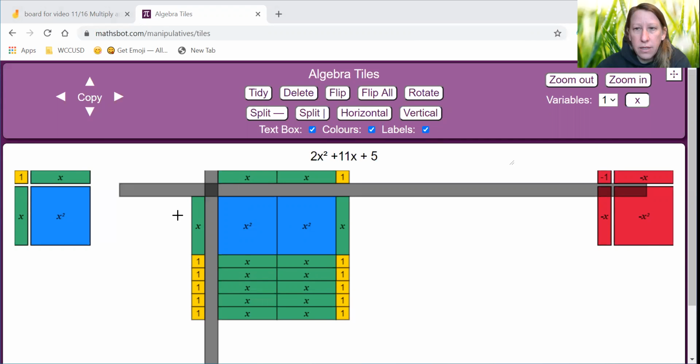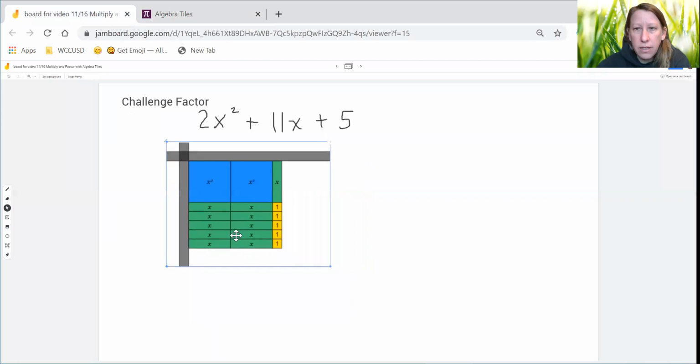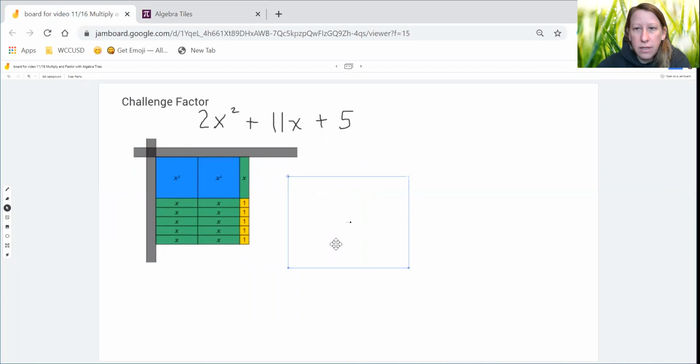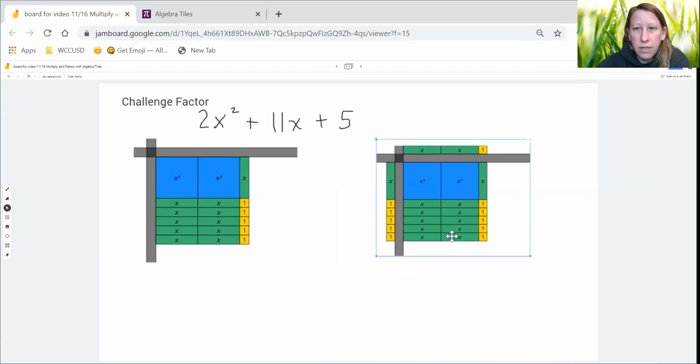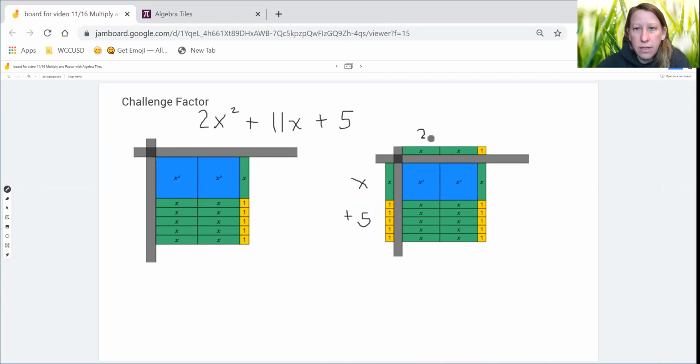And you can always check these. After you build it and see it, you can actually go back and check and see if it makes sense. If you do x plus 5 and you do 2x plus 1, if you multiply those together, I'm going to do the 2x plus 1 just because we usually put the binomial with the higher leading coefficient in front.